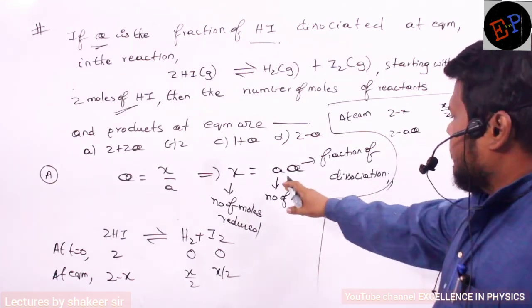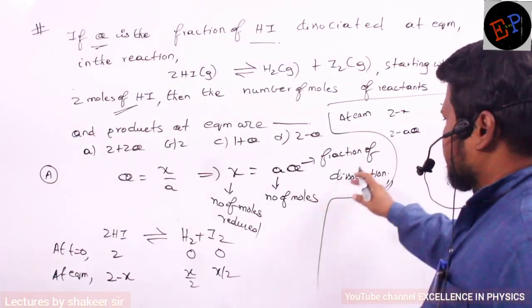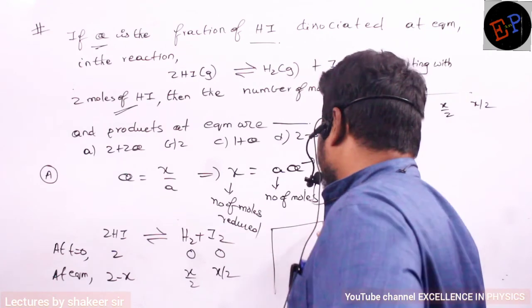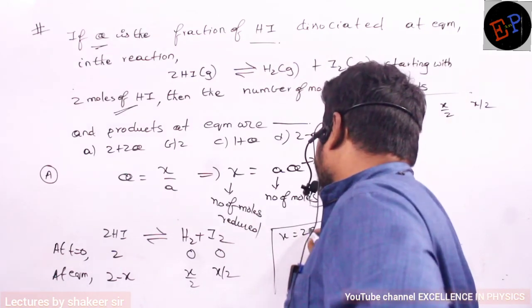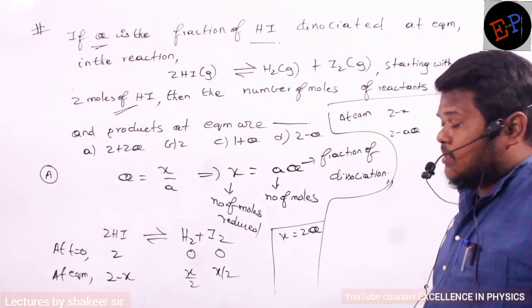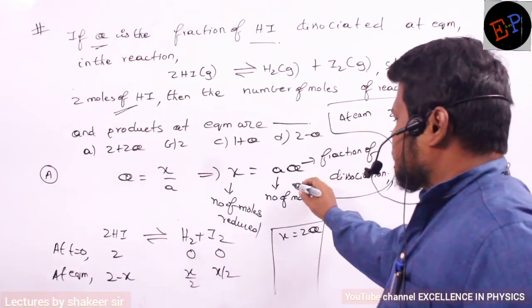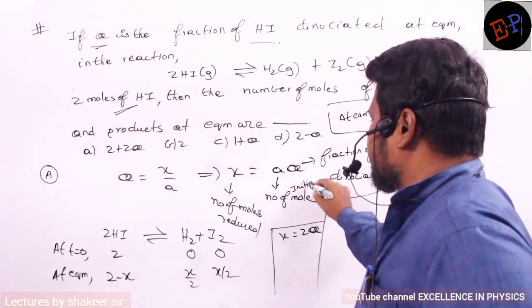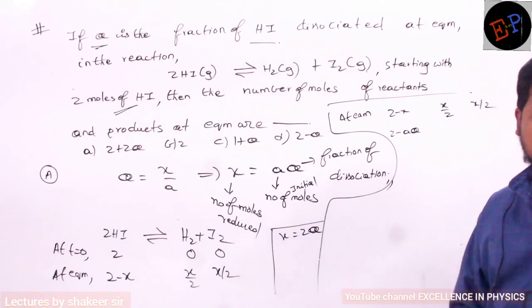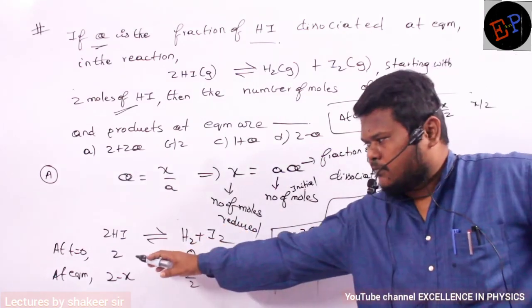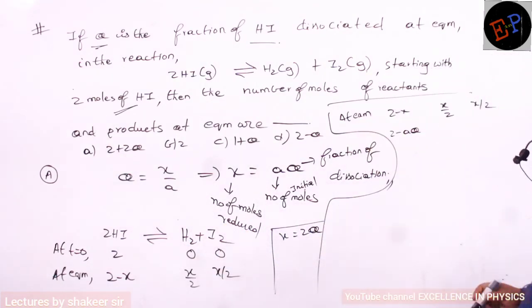The a value was initially 2, so I will substitute here. So x is equal to 2 into alpha, because a is the initial number of moles, and the initial number of moles is 2. So x is equal to 2 alpha.